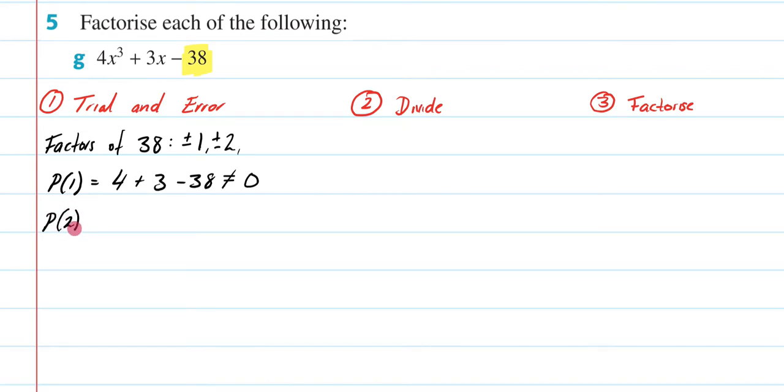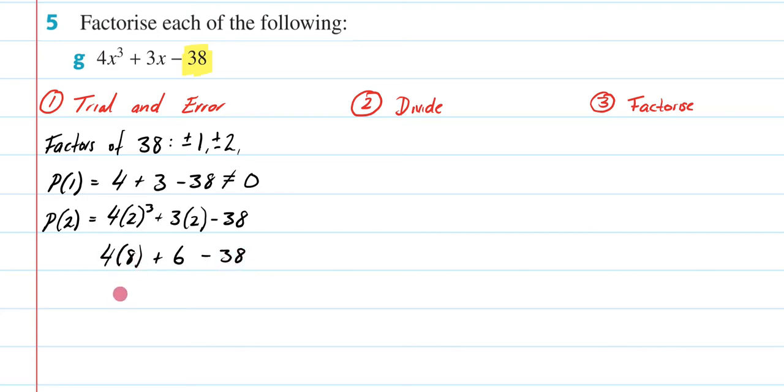Let's put 2 into this thing. So we're going to get 4 times 2 cubed plus 3 times 2 minus 38. 2 cubed is 8, plus 3 times 2 is 6, minus 38. This is going to be 4 8s are 32. Yes, this looks good.